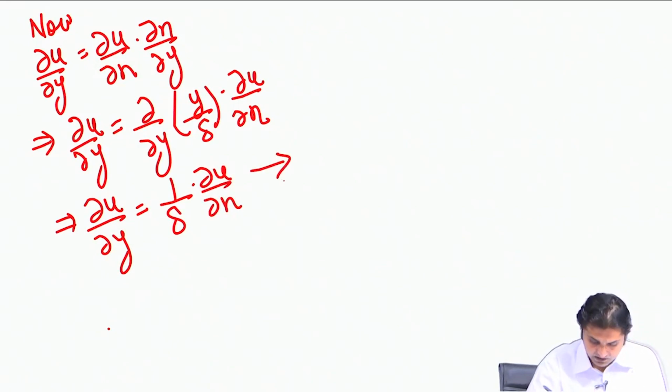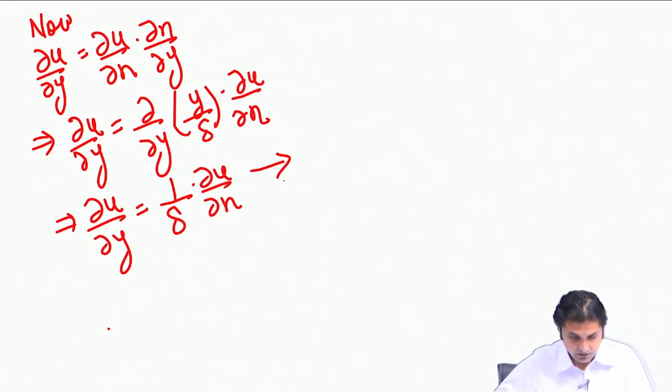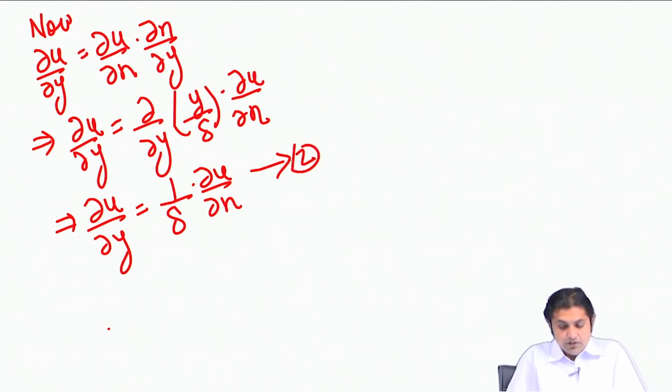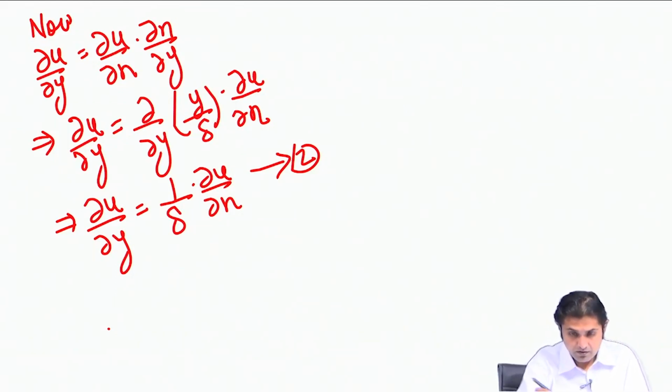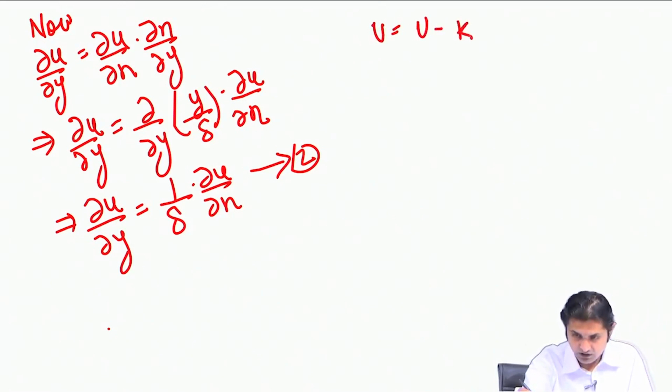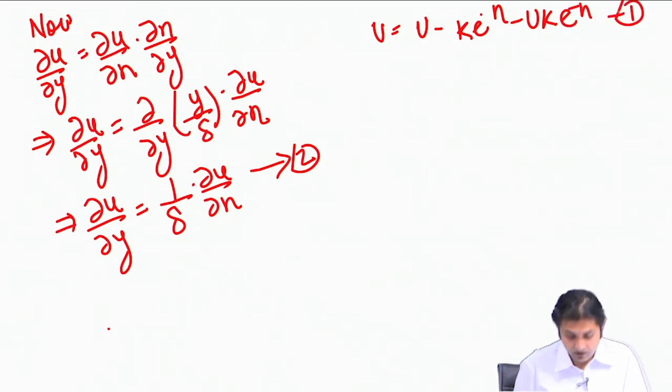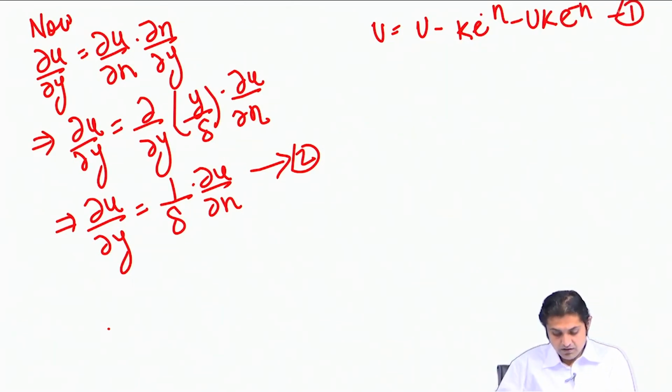This is another equation. And we have seen the equation number 1 before, that u, which we just wrote, is equal to U minus U k e to the power minus eta. This was equation 1.